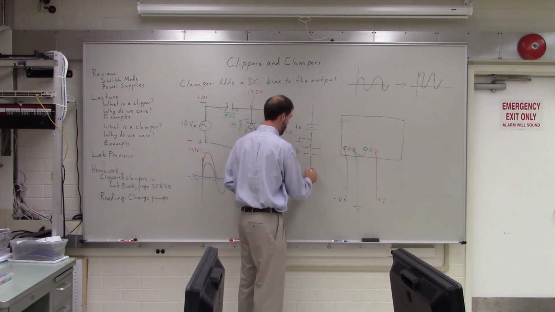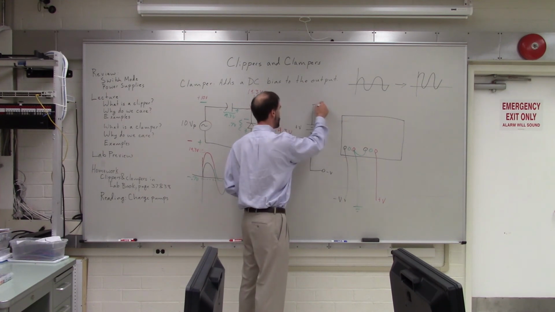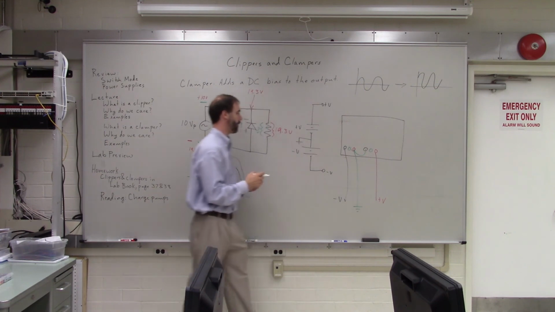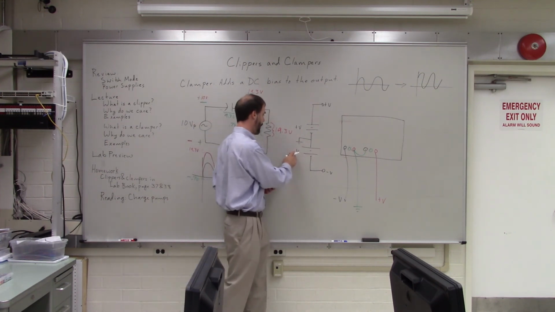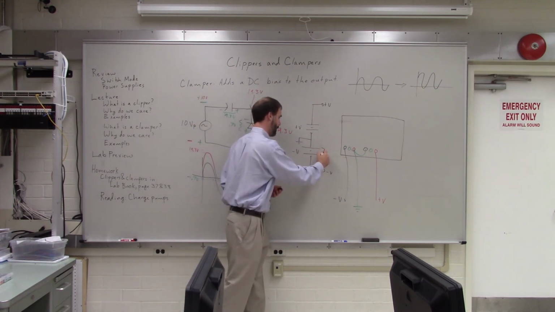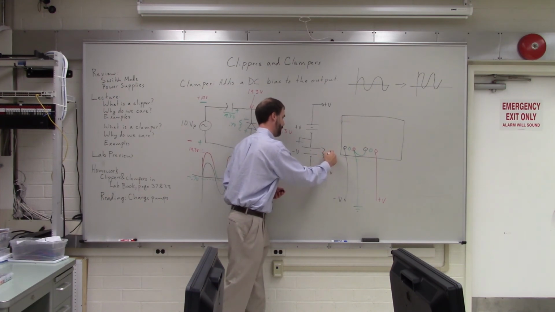So this is the minus voltage out, this is the plus voltage out, and then like I said, right there in the middle is ground. So if you needed minus 5 volts, you would set this one to 5 volts.